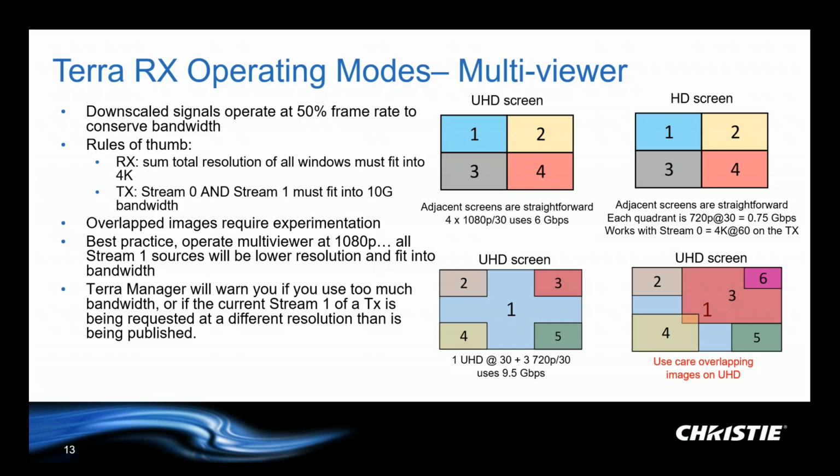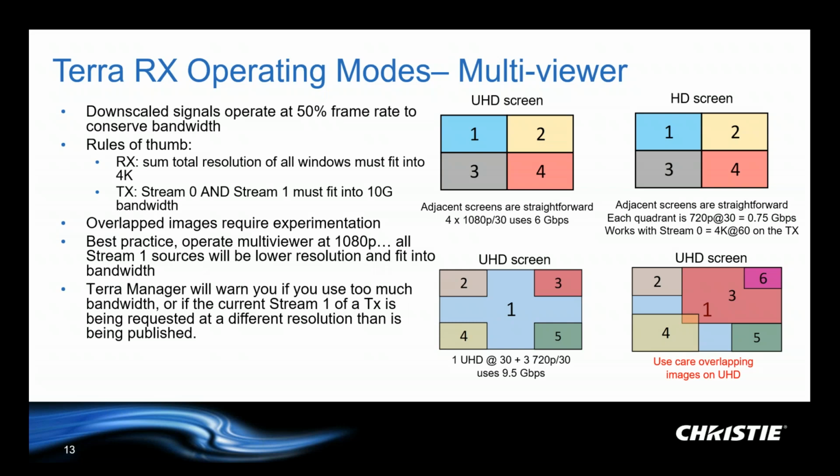However, if the multi-view screen is HD, so the output of the receiver is HD, then in a quad split those windows are going to be physically a lot smaller, 720p at 30 frames a second. A 720p 30 takes up about 3/4 of a gigabyte, so 0.75 gigabytes.